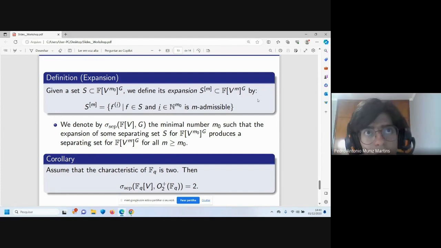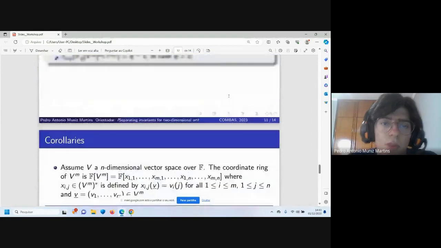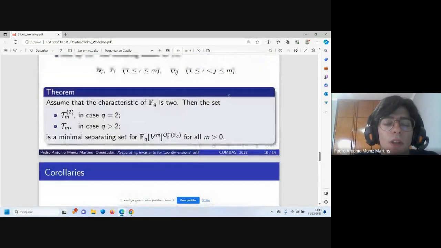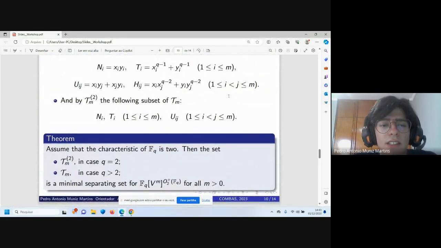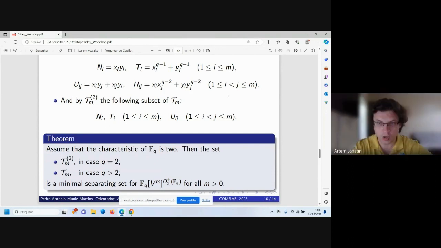I made some calculations, and this set that we found is really far away from being the one with the minimal number of elements possible. I think just when we have one copy of the space and a field with four elements, the minimum possible contains just two elements. It's really small, and our set just has maybe four elements. Okay.